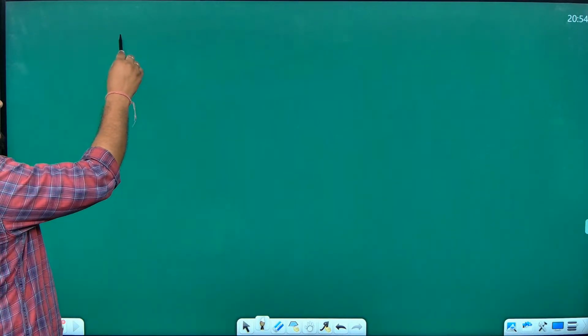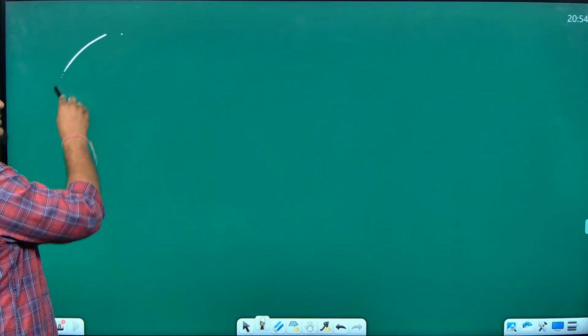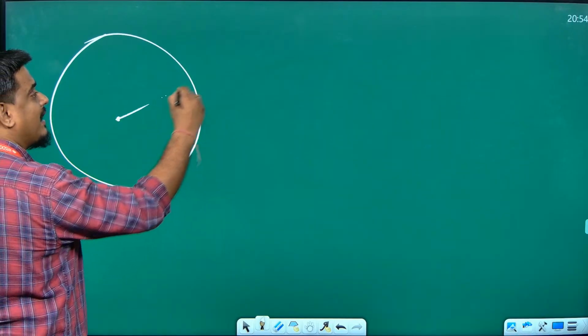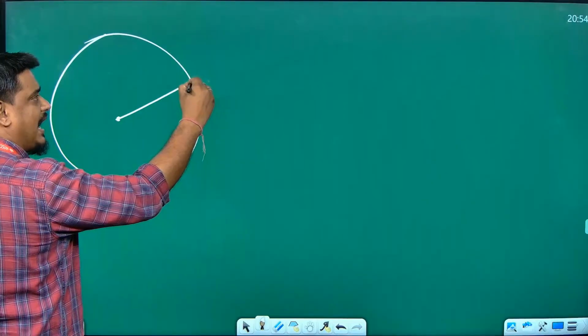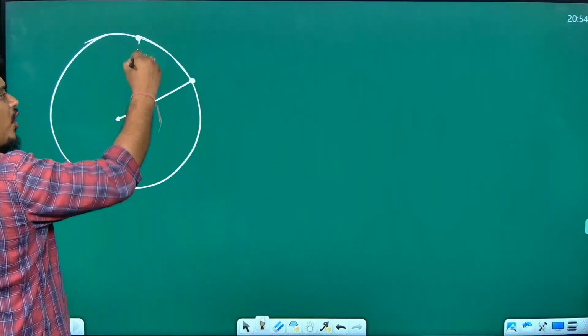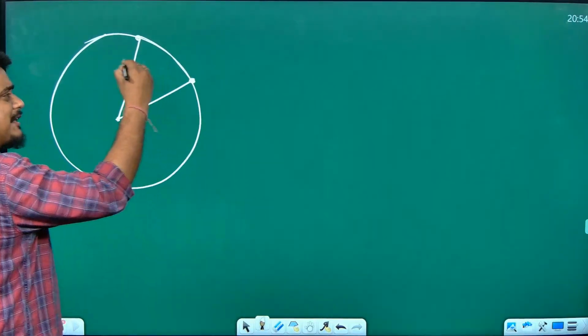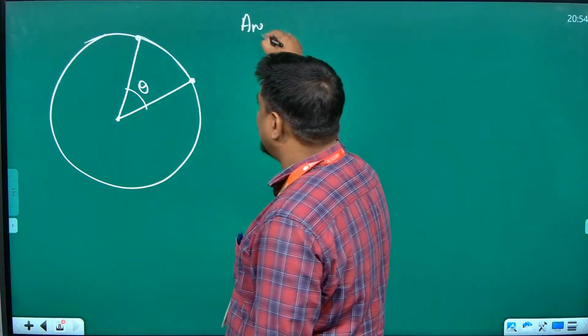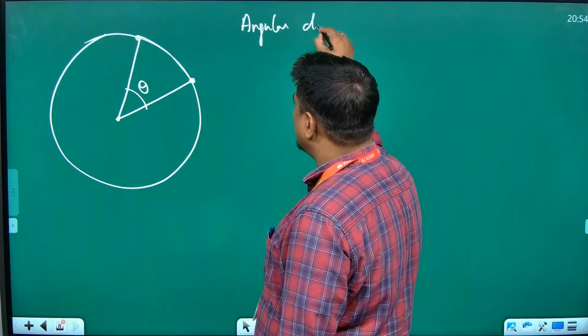Okay. Now, please pay attention. If an object is moving in a circular path, we measure its displacement with respect to angle, isn't it? So suppose the object is here and after some time the object went here. How much it displaced with respect to angle is known as angular displacement. So what is angular displacement?